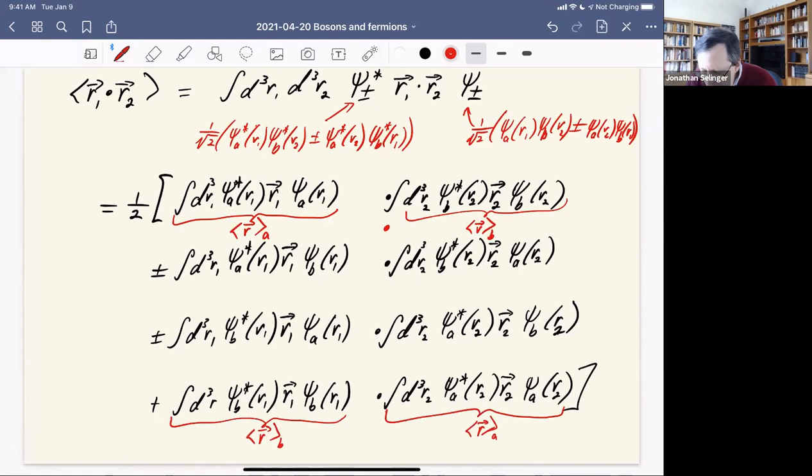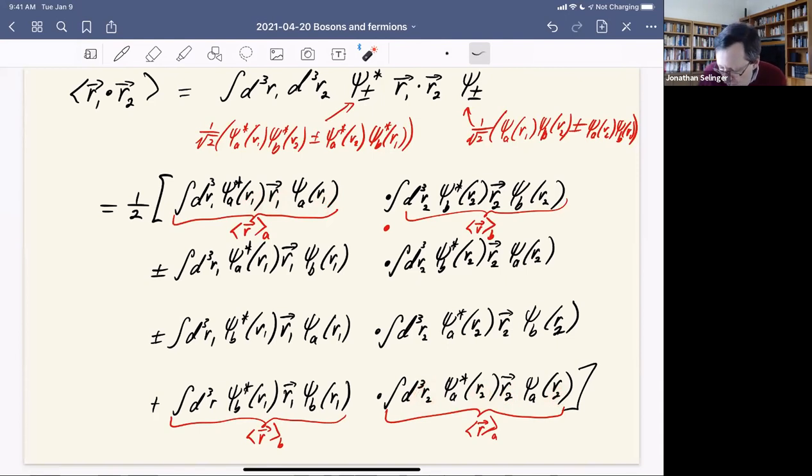Now, don't be confused by the fact that the integral here is an integral over R1 with the psi A's, and here it's an integral over R2 with the psi A's. Within the integral, the variable that you're integrating over is like a dummy index.